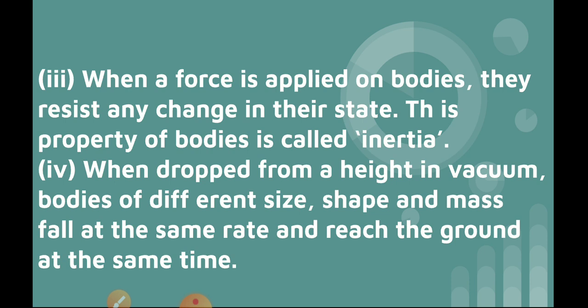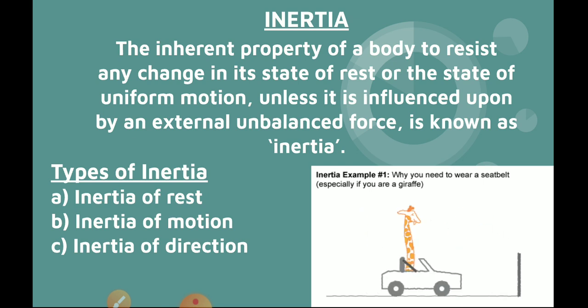But what Galileo says is that in vacuum, while Aristotle spoke of the normal environment, bodies of different sizes, shapes, and masses fall at the same rate and reach the ground at the same time. These are the four concepts proposed by Galileo.